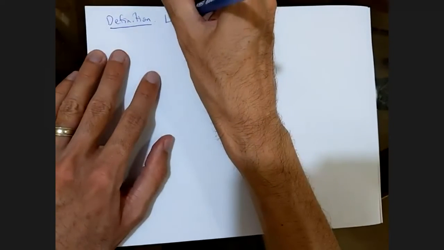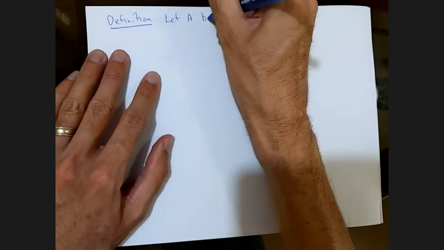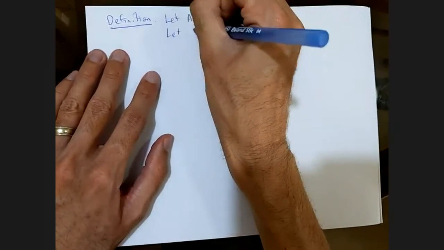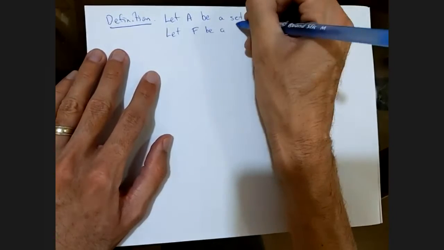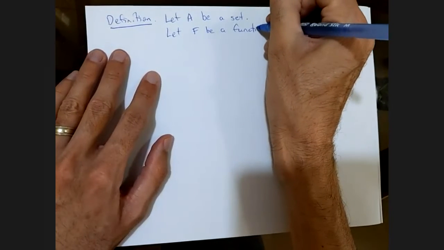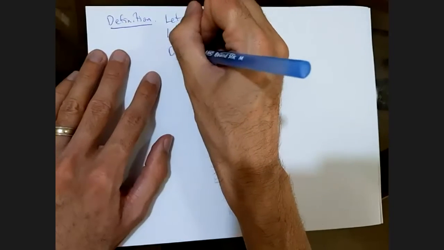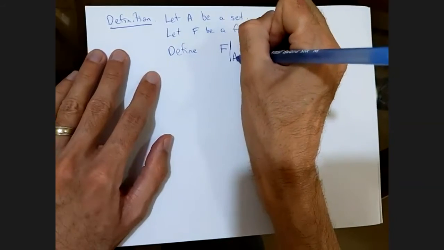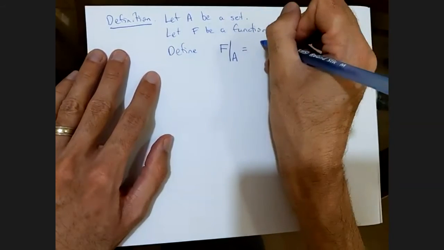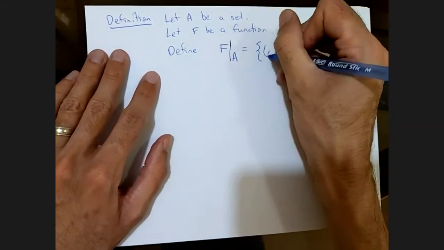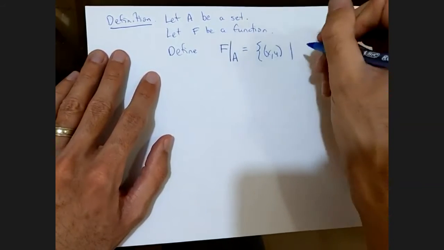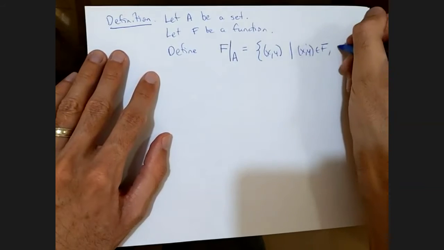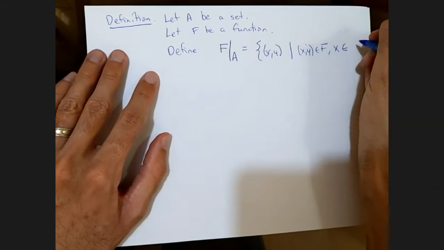Let A be a set. Let F be a function. Define F restricted to A. This is going to be the set of ordered pairs (X, Y) such that (X, Y) is in F and X is in A.